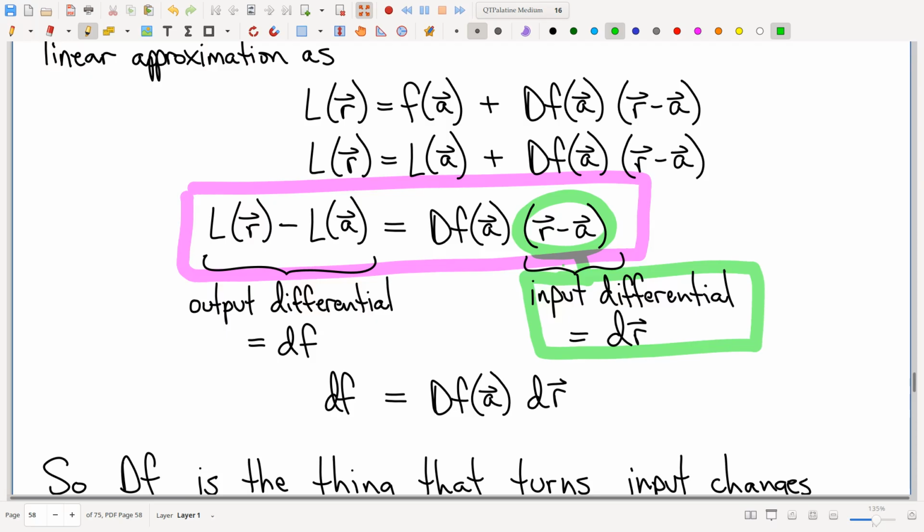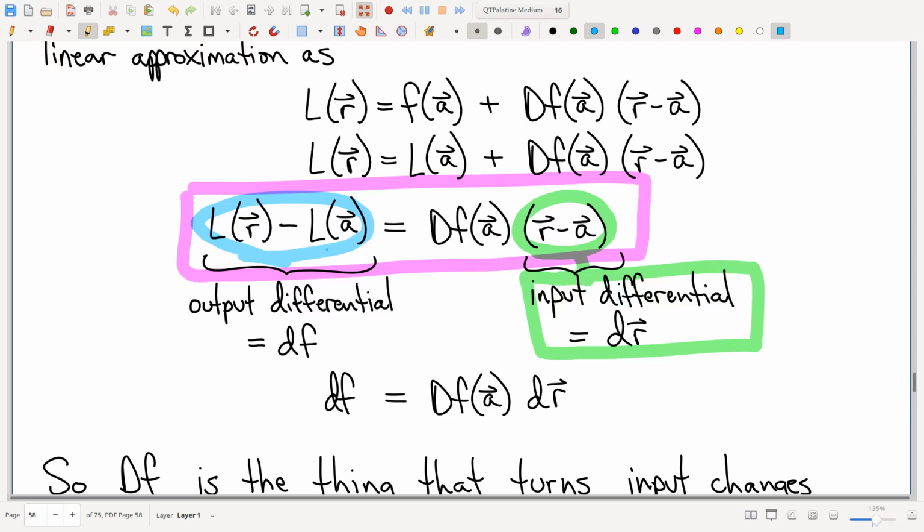It's what we call the input differential. And then notice the output. It's not the increment. It's not how much f changes. It's how much L changes. Namely, it's the change in our linear approximation.